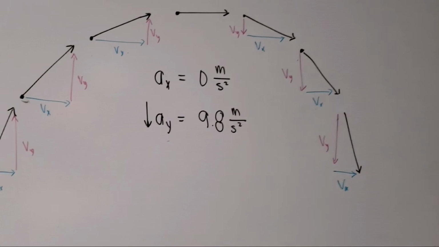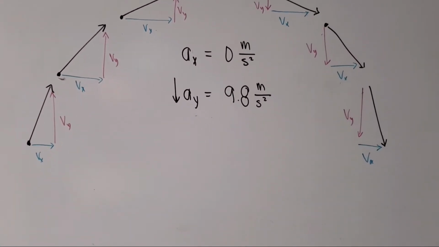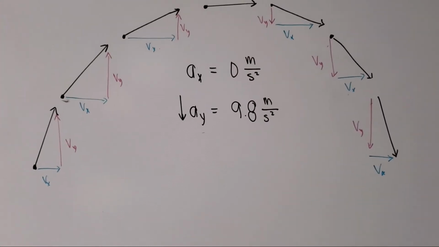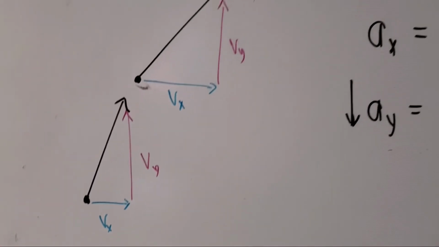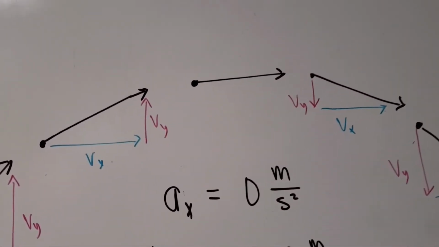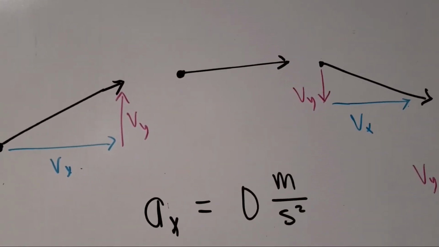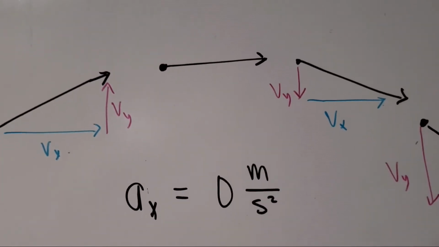However, this is not the case with a sub y. A sub y is causing the velocity in the vertical direction, as you can see in red, to shrink, and then at the top, the vertical component basically just collapses, and all you have left is the horizontal component right there.